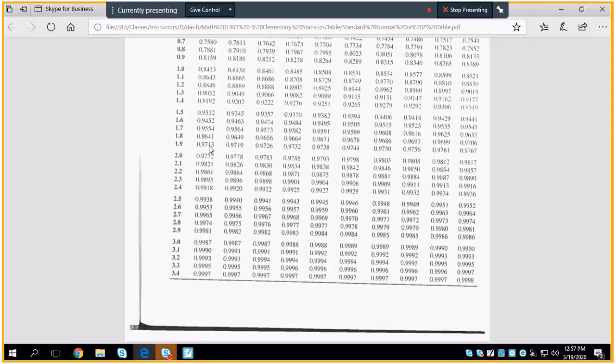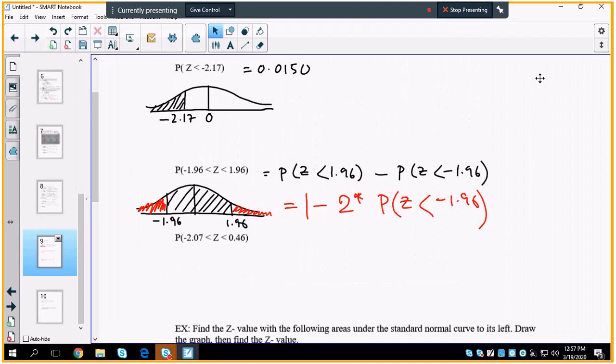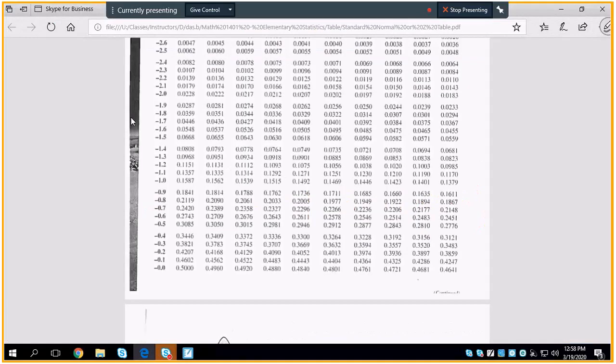Column is 6, so 0, 1, 2, 3, 4, 5, 6. It's 0.9750. So it is equal to 0.9750 minus the left of negative 1.96, which will be on the other side of the table. Negative 1.9 is the row. Column is 0, 1, 2, 3, 4, 5, 6. So that's 0.0250.